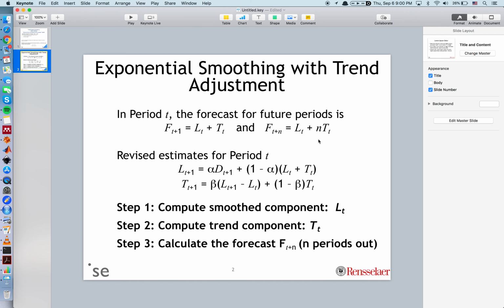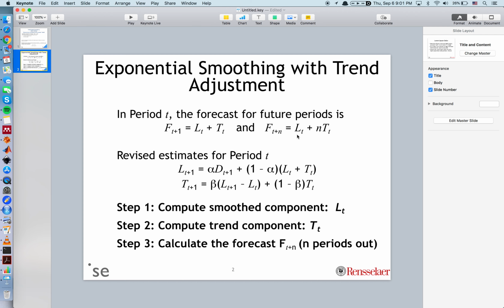So our forecast into the future is not going to be a constant value, which again makes sense because if you're assuming that your time series has a linear trend, let's say increasing, then I think it's very reasonable to guess that your forecast into the future should be increasing and not be fixed, not stagnant.